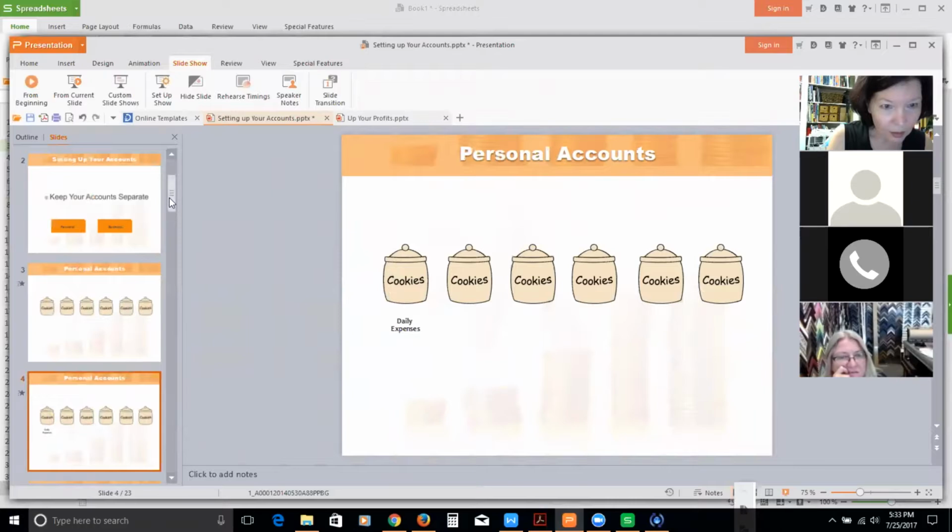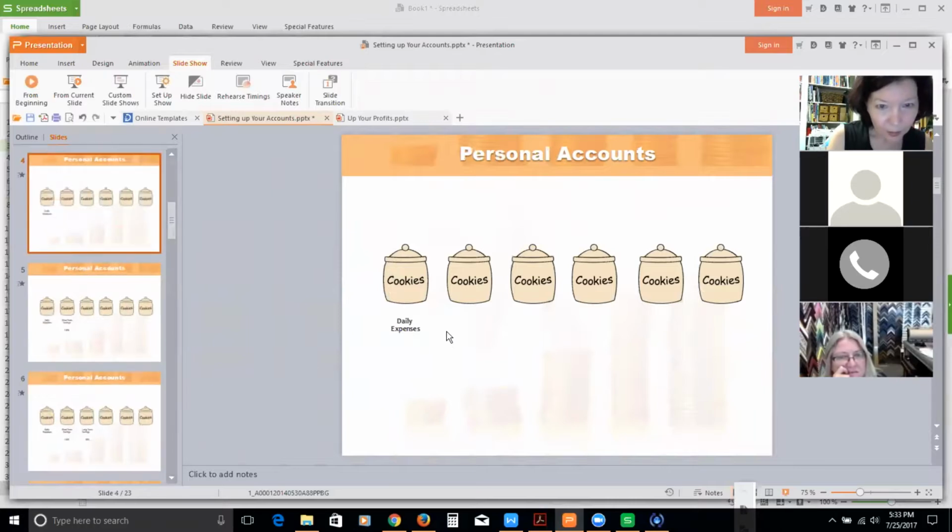And then I take that out of there to put in the other 10%, 10%, 10%. So the owner's pay flows out of your business into here.